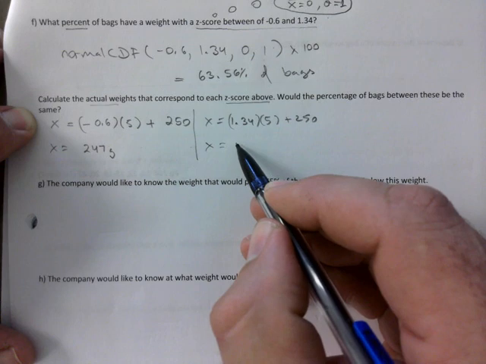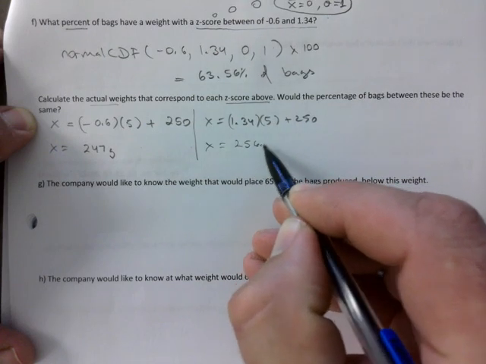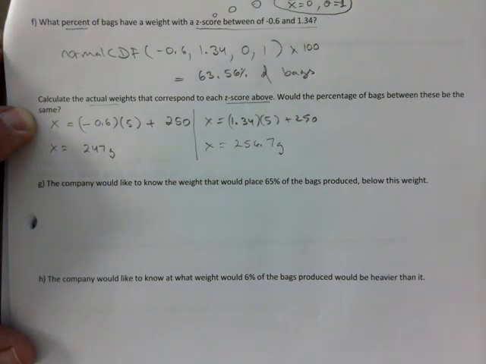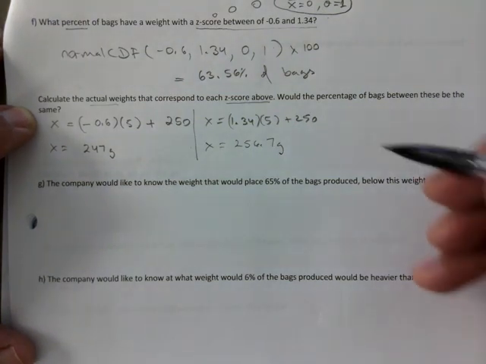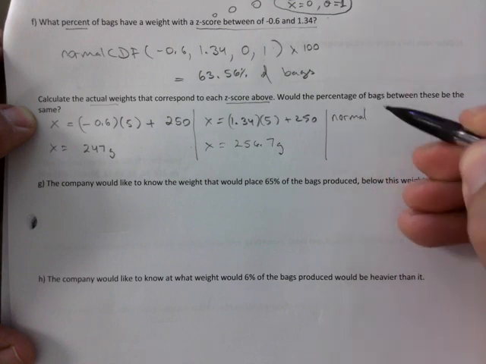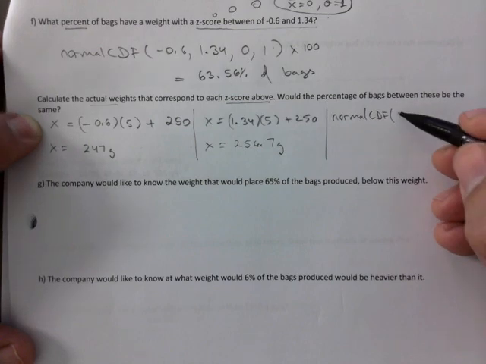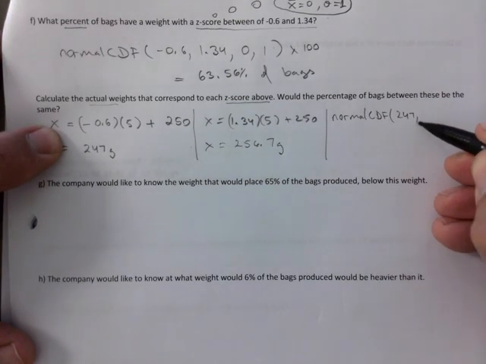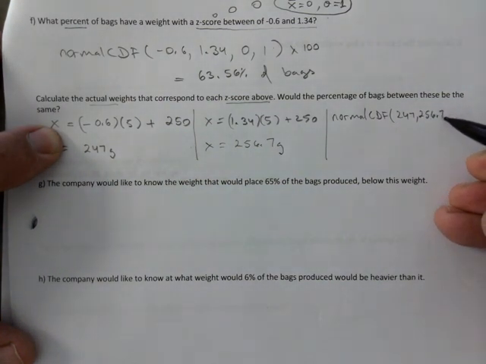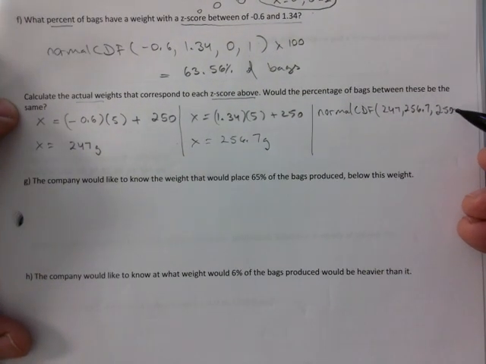And that gives you 256.7 grams. And that's the normal CDF: normal CDF, 247, 256.7. But now you have to use 250 and 5.